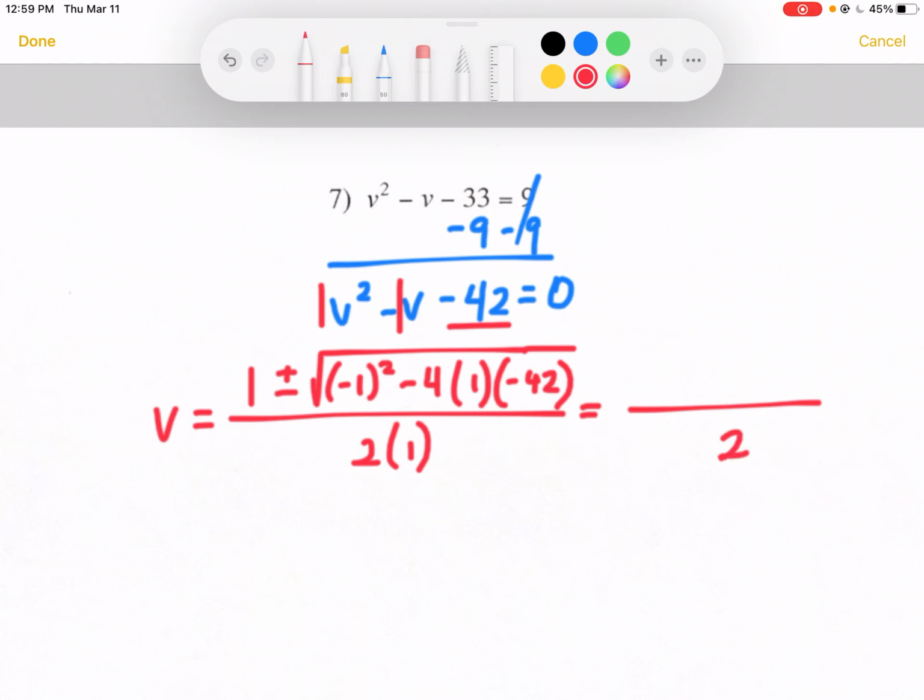I already simplified the bottom: 2 times 1 is just 2. I have 1 plus or minus the square root of -1 squared, which is just going to be +1. Then I'm going to take -4 times 1, which is -4, and that times -42 is going to make plus 168.